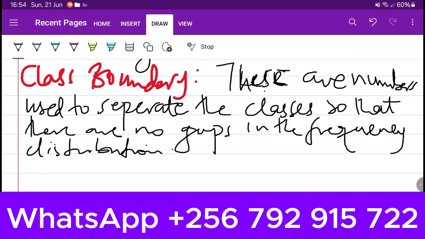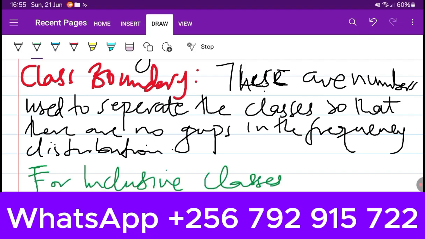For example, if we are looking at inclusive classes, now this one you also need to be careful because they can change. For inclusive classes, I want you to analyze the gaps that we are talking about.